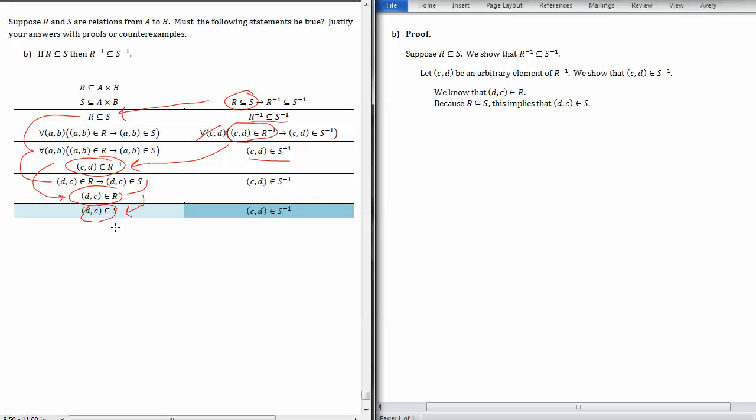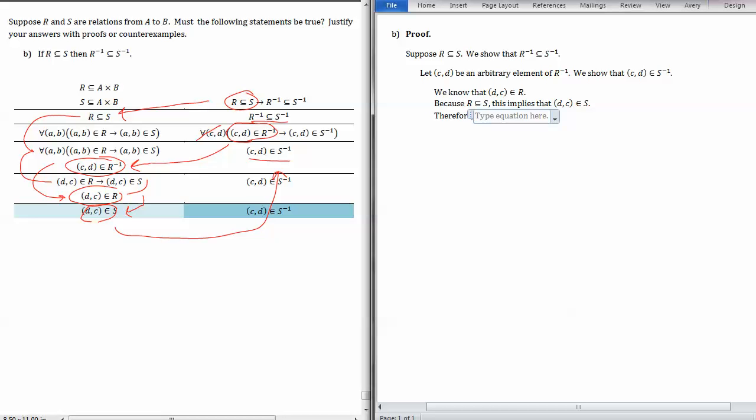This takes us to (c, d) in S inverse, which was our goal. Therefore, (c, d) is in S inverse.